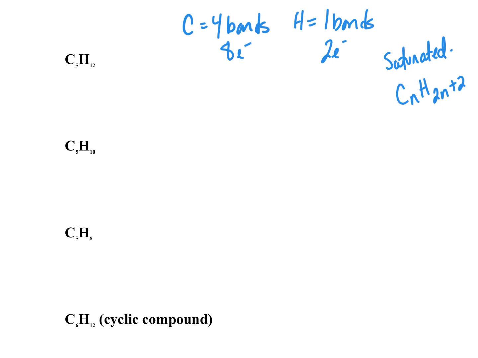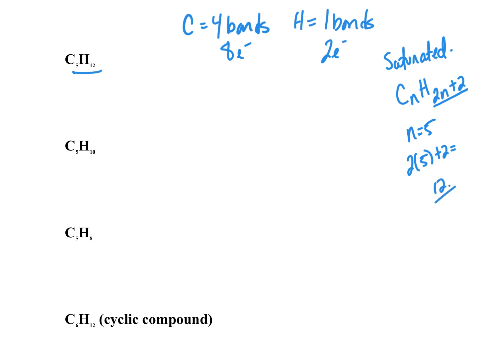What that means is, like in this first problem, we have 5 carbons, so that would be N equals 5. So C would be 5. That means that in order to have a saturated hydrocarbon, you would have 2N plus 2 hydrogen. So 2 times 5 plus 2 is 12.